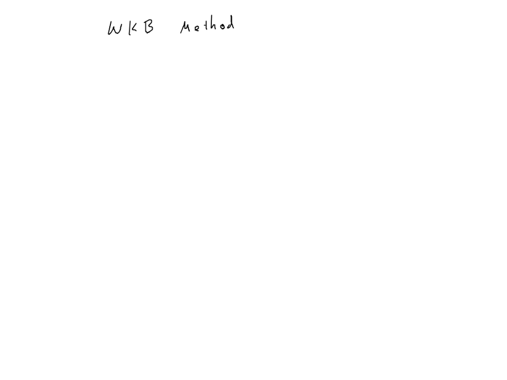What I'm going to do here is not the complete WKB approximation. They go into a lot more detail on this in the book, but I'm just going to try to give you a flavor of how it works. You need to know more about these methods when you're using them, but we're not focusing on them a lot in the class.